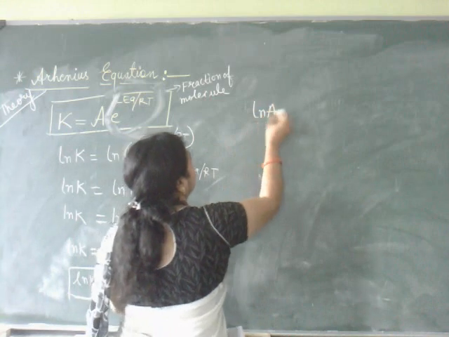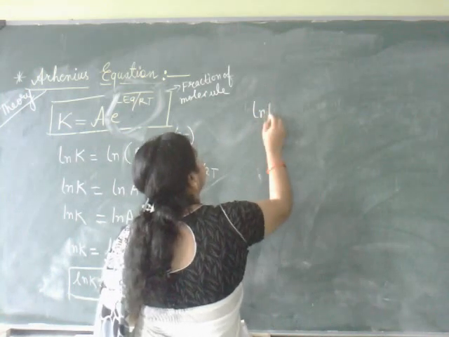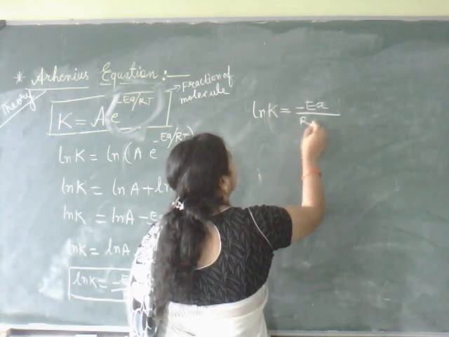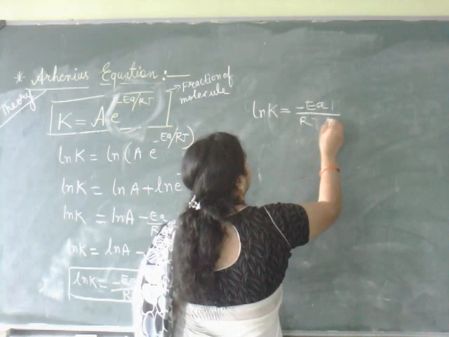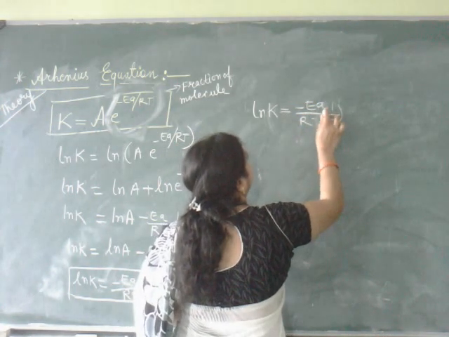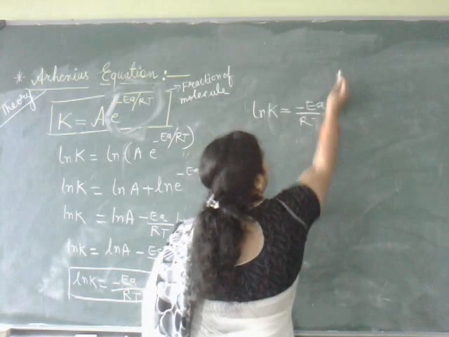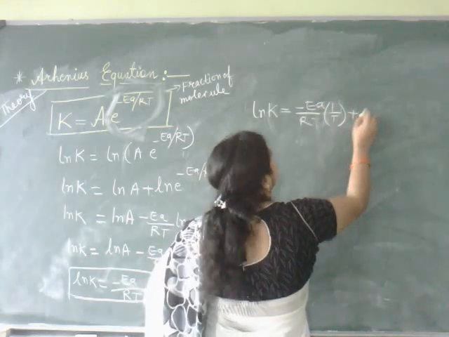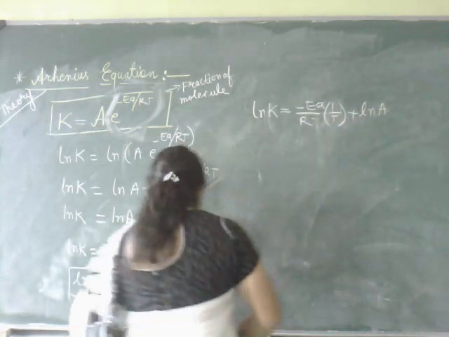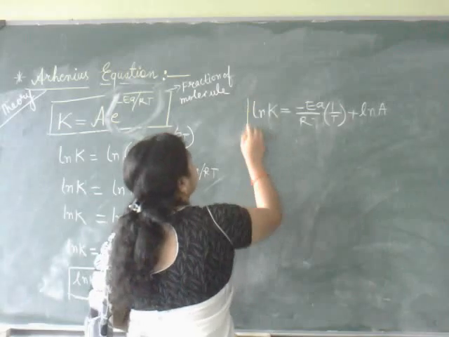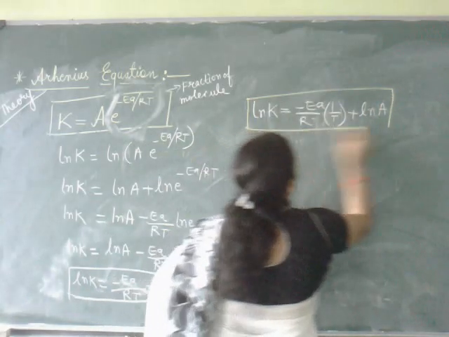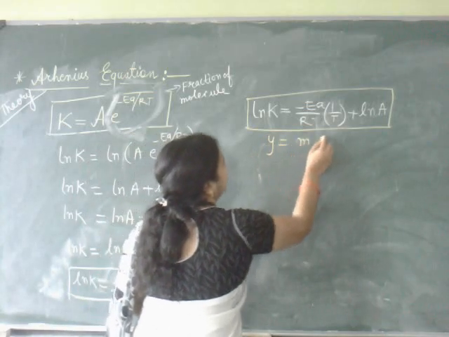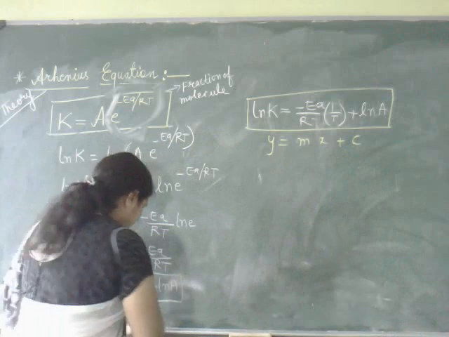Again I write here, ln k is equal to minus Ea by R times 1 by T, plus ln A. See this equation, this looks like y is equal to mx plus c, where m is the slope.